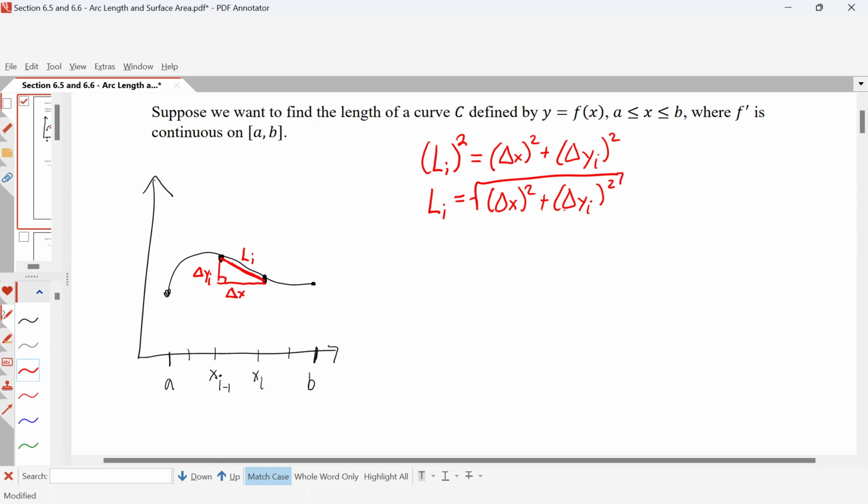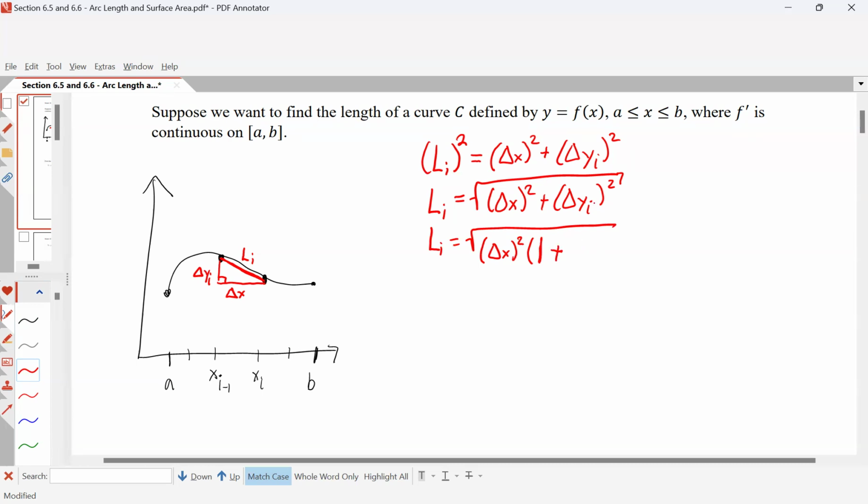Now, typically, when we're wanting to use this integral, we want the delta x outside so that when we take the limit of the sum of all these little pieces, that delta x turns into a dx. So I want to try and factor that out so I can get it all the way outside the square root to use the integral. So I'm going to first factor out the delta x squared from everything. Factoring out a delta x squared from delta x squared leaves 1.